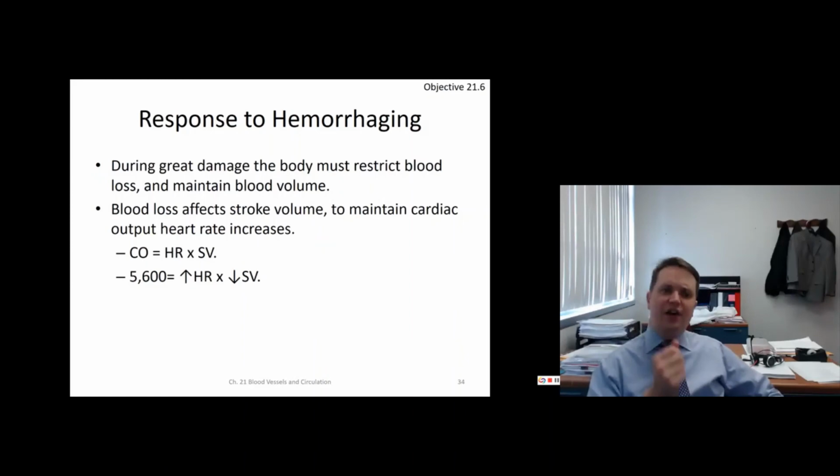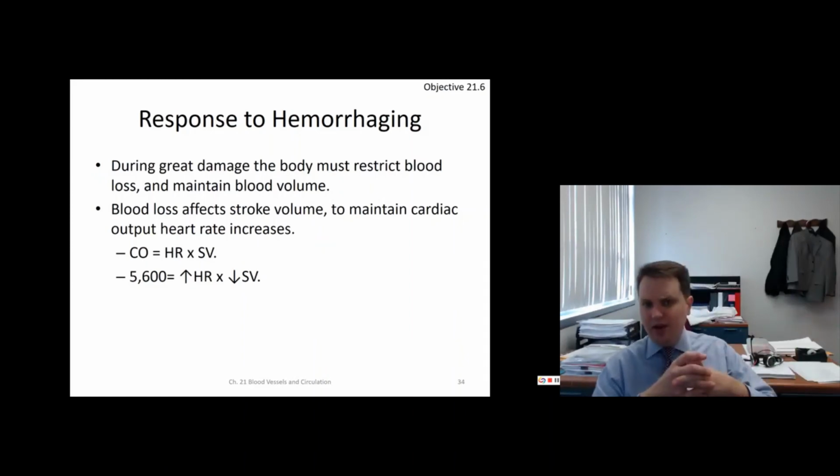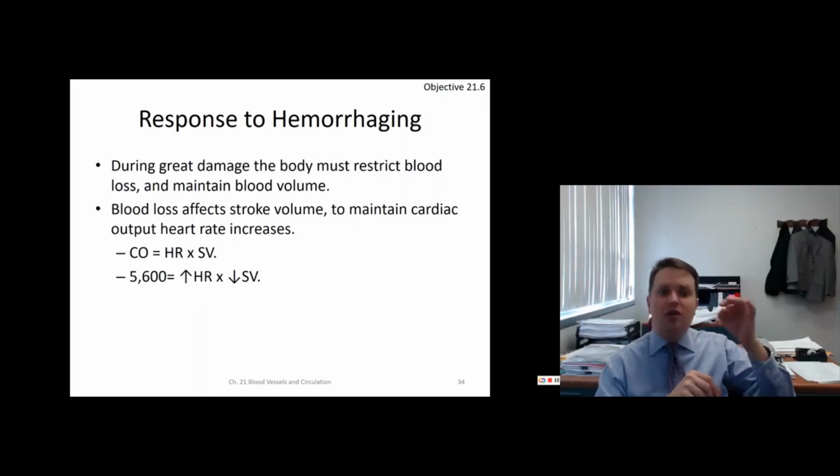Now, if you're hemorrhaging, you must restrict blood loss and keep your blood volume up. So what happens is your blood loss affects stroke volume. There's not as much blood in the body, so to maintain a cardiac output of 5,600 milliliters a minute, or 5.6 liters a minute, your heart rate goes up. Okay?